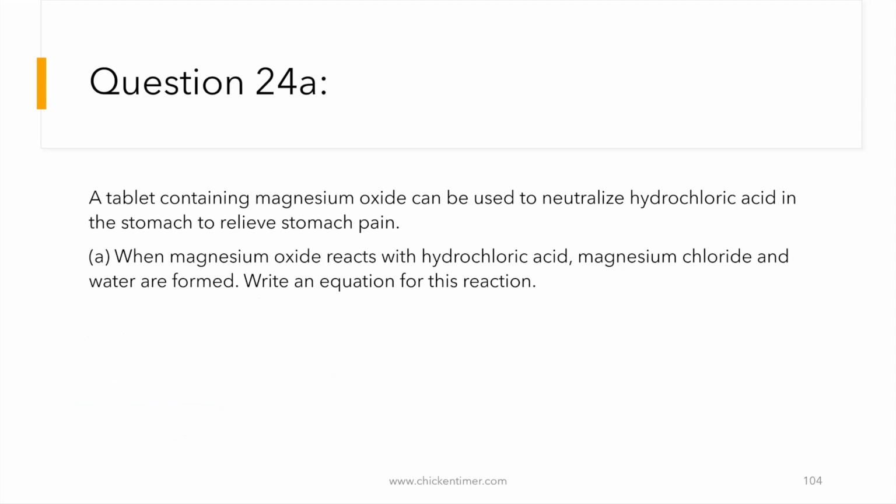But of course, in your O-level exams, if you go for exam, there is a high chance that they will give you the equation straight away. So if you have a question where they ask you to balance the chemical equation and then find the mole, then there will be lesser mole questions.